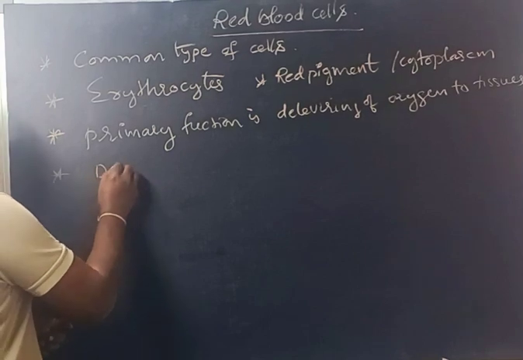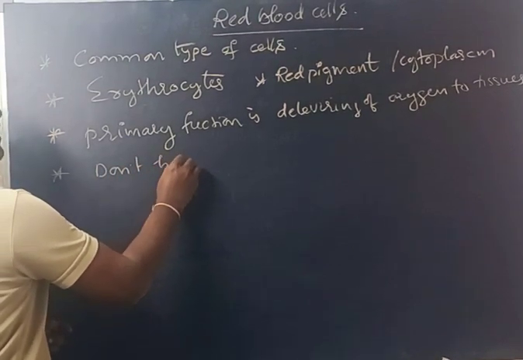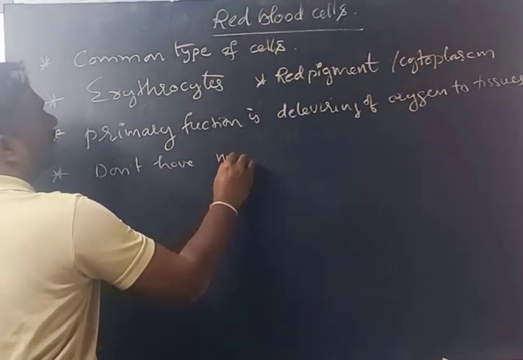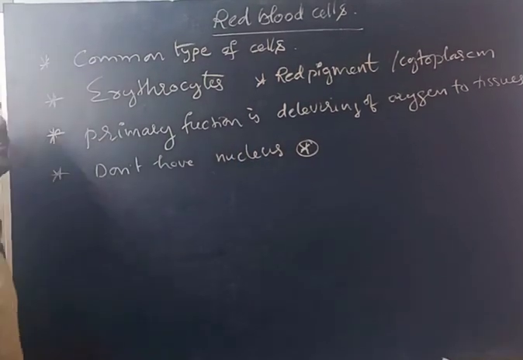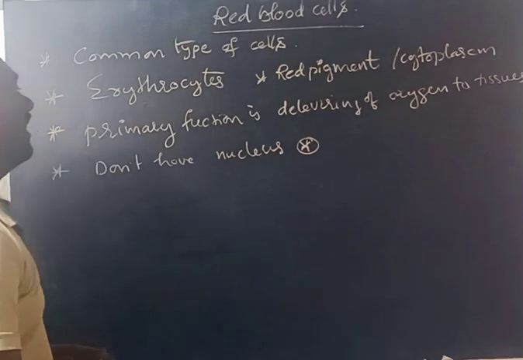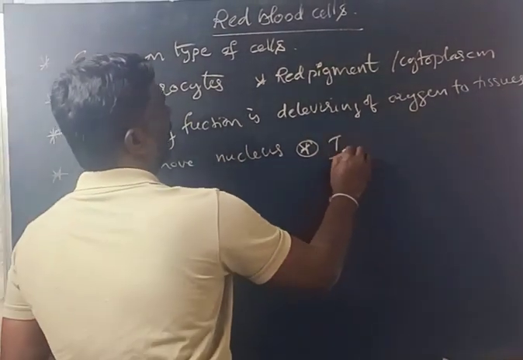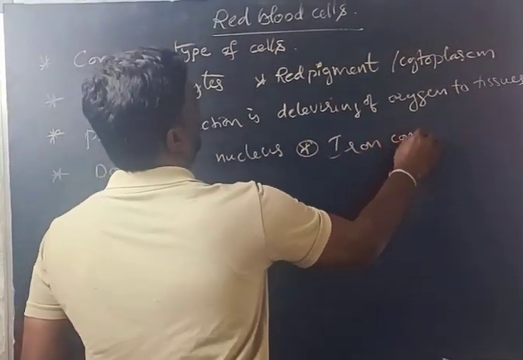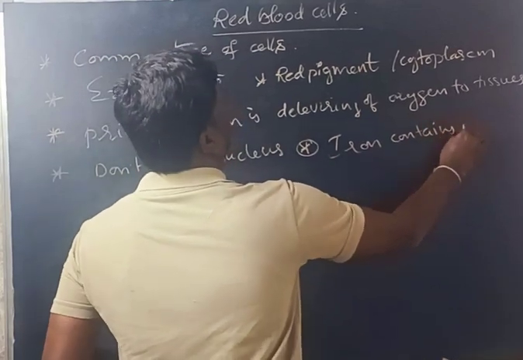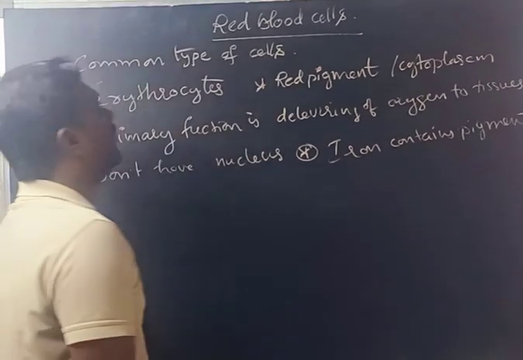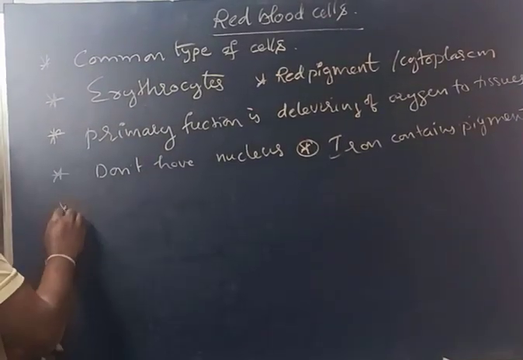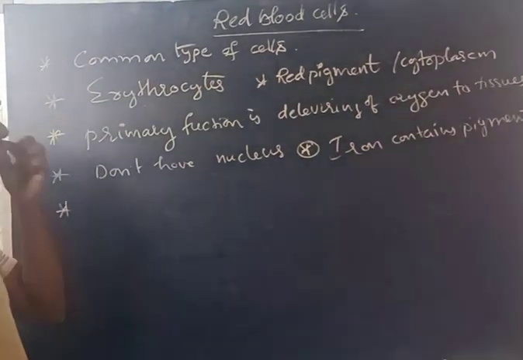They don't have a nucleus. They contain an iron-containing pigment, hemoglobin. Due to that hemoglobin, they are red in color.